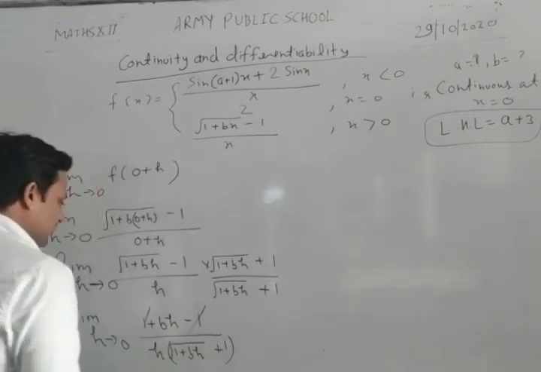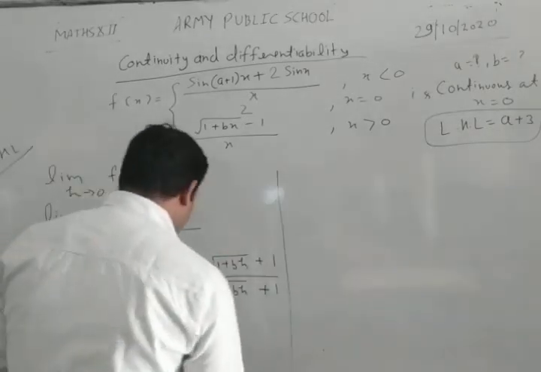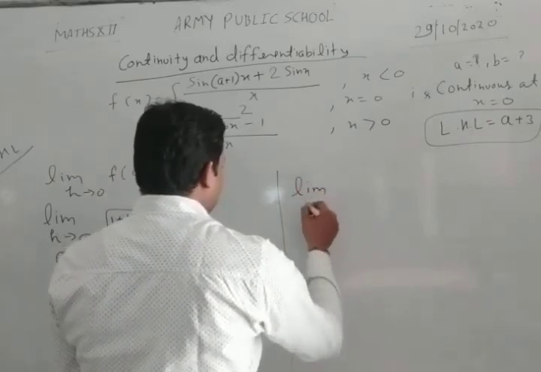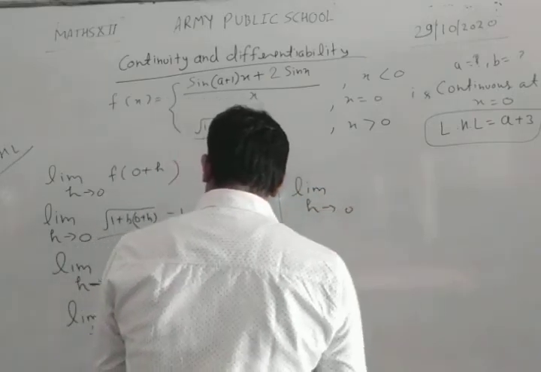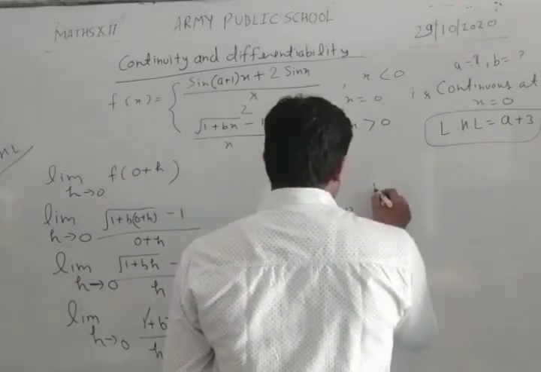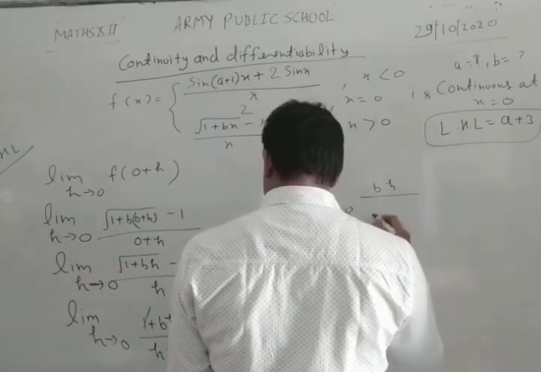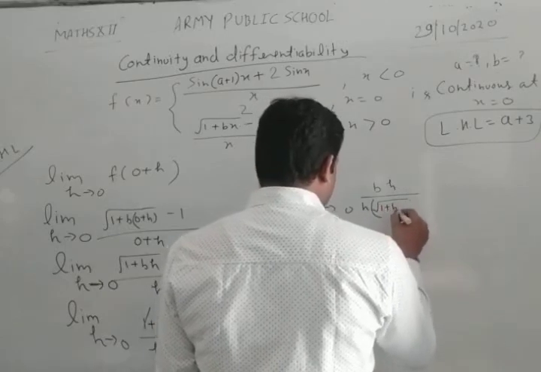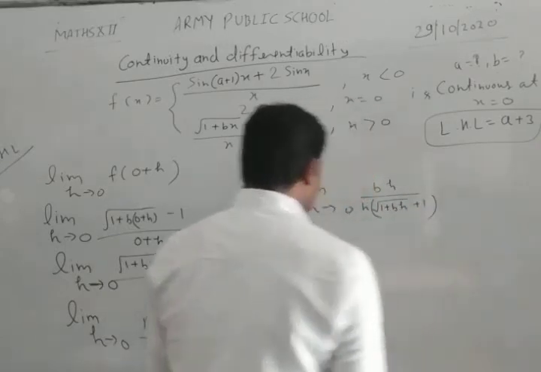Now the 1 and -1 will reduce. We get limit h tends to 0 of bh by h(√(1+bh) + 1).